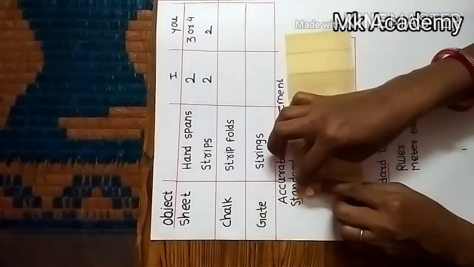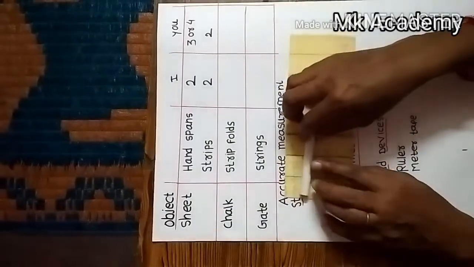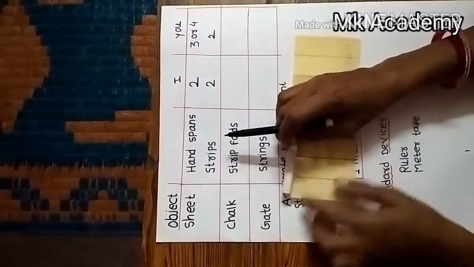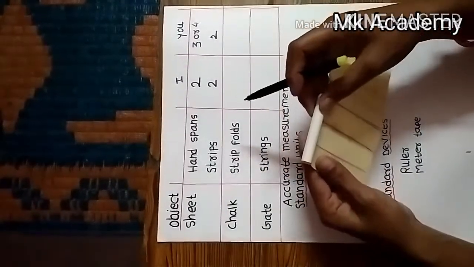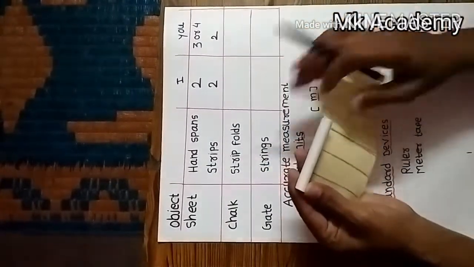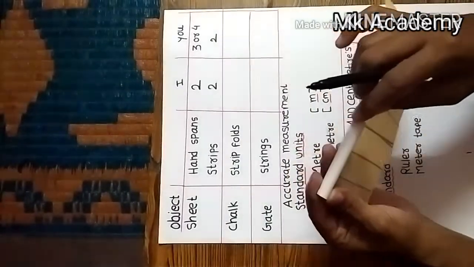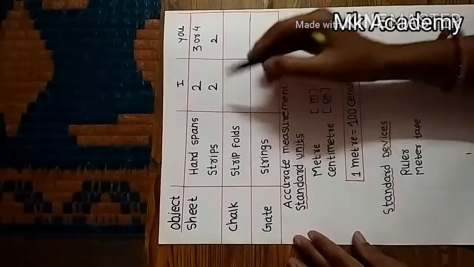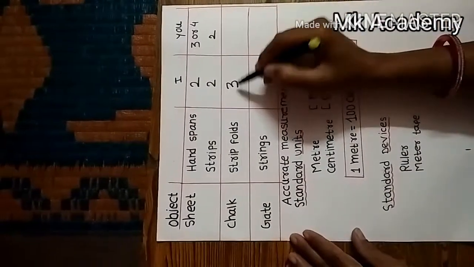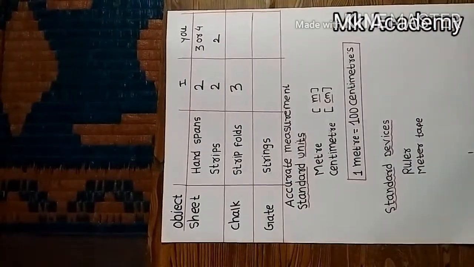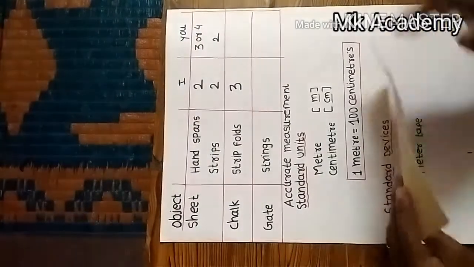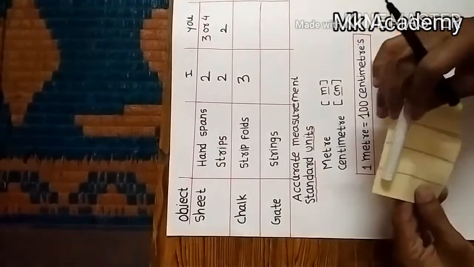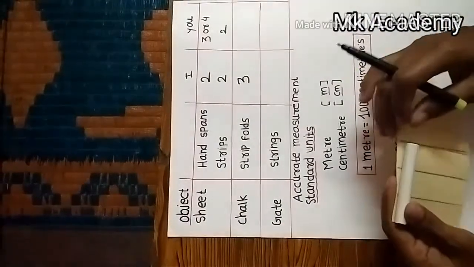How many folds? 1, 2, 3. We put one end of the chalk at this point and observe the other end. How many folds? 1, 2, 3. The chalk is 3 folds of strip. If you measure the length of the chalk using this strip fold, the length is the same.